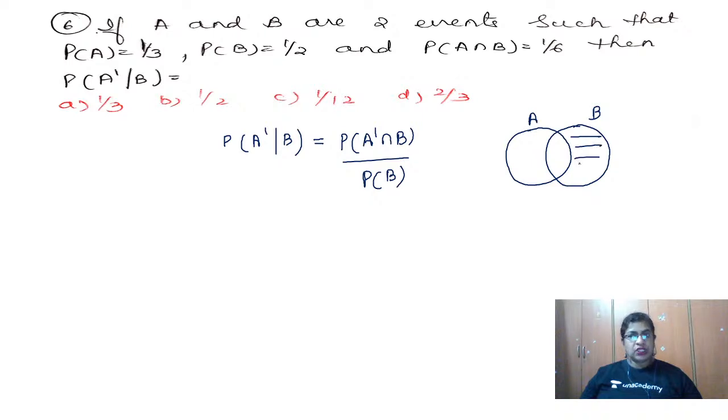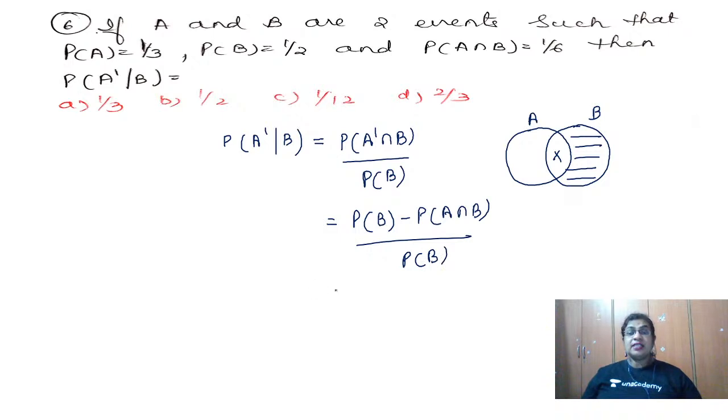It is this region which I have shaded. A dash intersection with B. So what should be your answer here? From B, you have to delete the intersection, isn't it? So it is P of B minus P of A intersection B, whole divided by P of B.